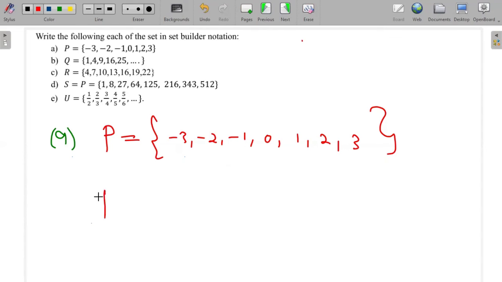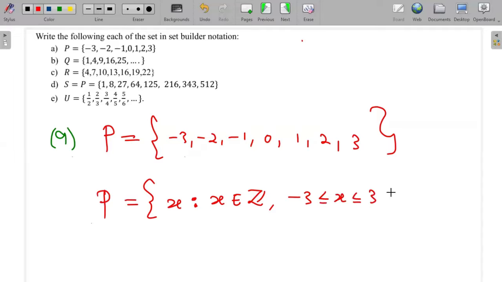So I'm going to say P equals the set of all x such that x is an integer, which is Z, and this x is between -3 and +3. So I'm going to write -3 less than or equal to x less than or equal to +3.